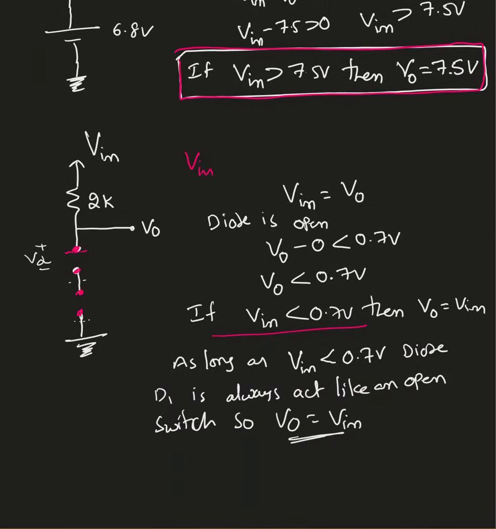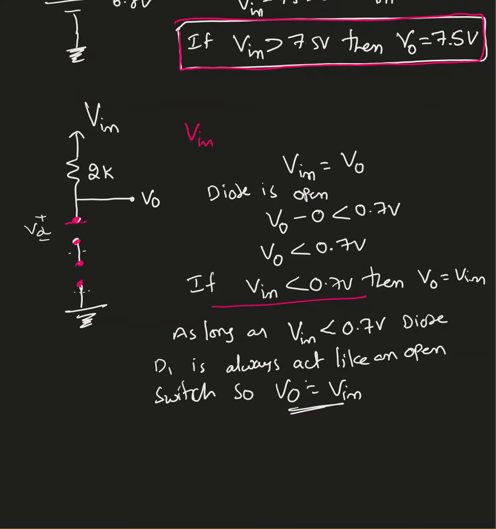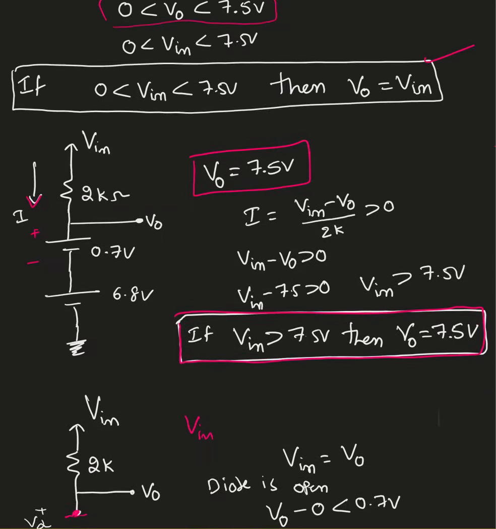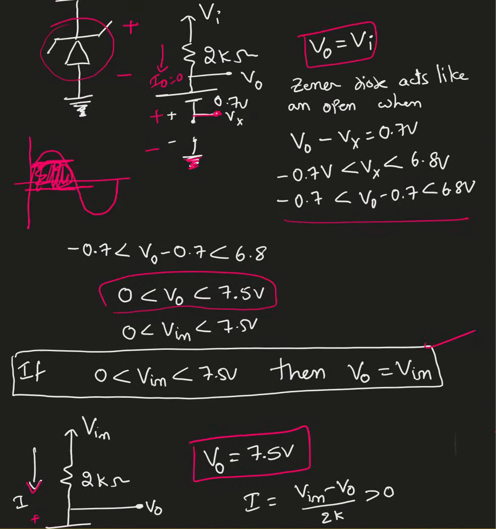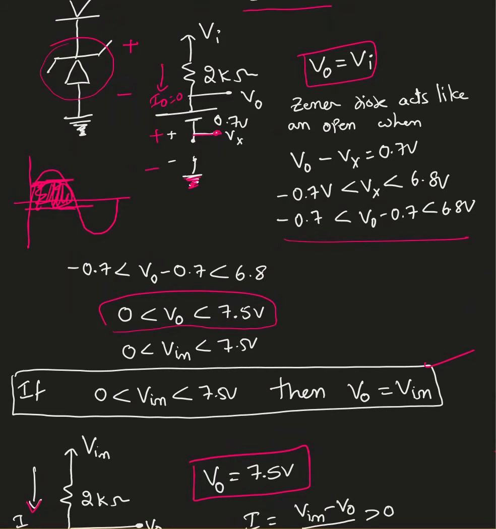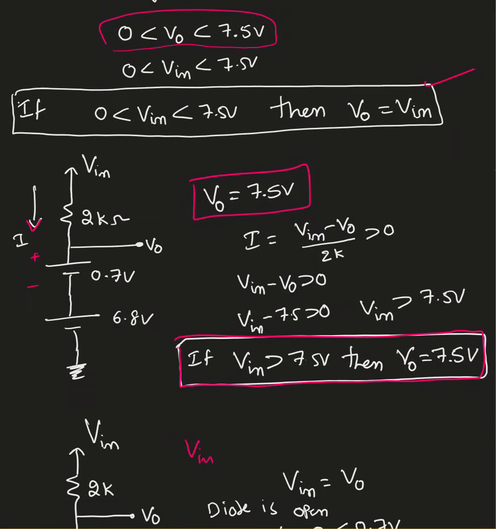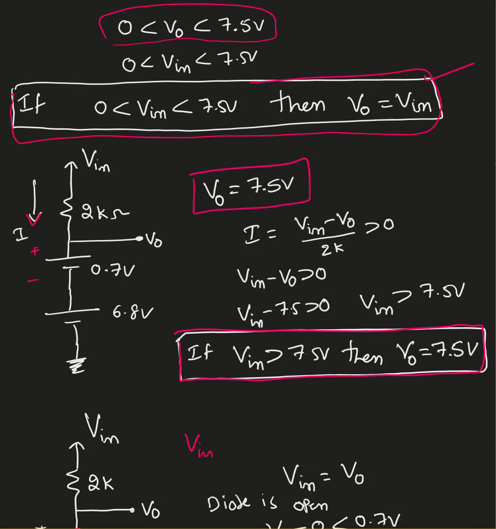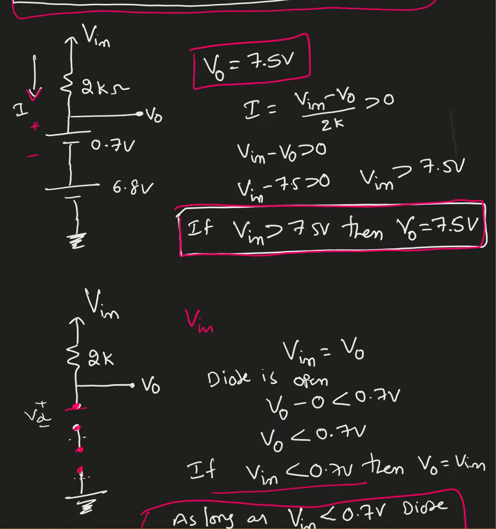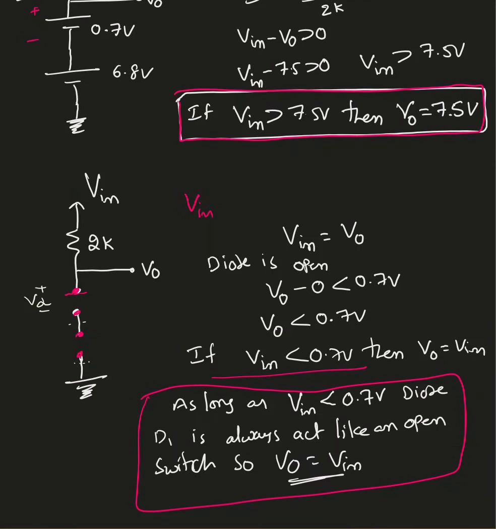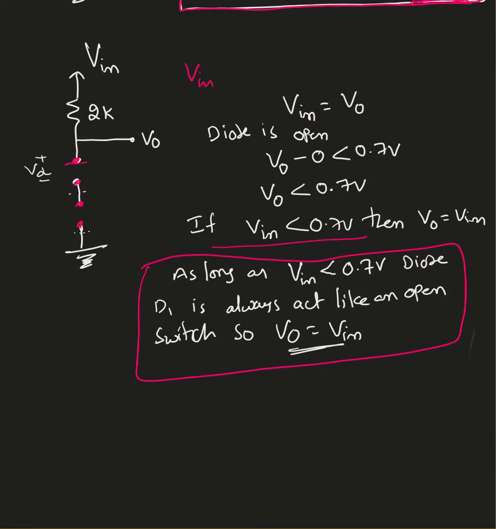If that is the case, V naught equals Vin. So based on all these three conditions: between 0 and 7.5, V naught equals Vin; above 7.5, it is going to be 7.5; below 0.7, it's going to be Vin.